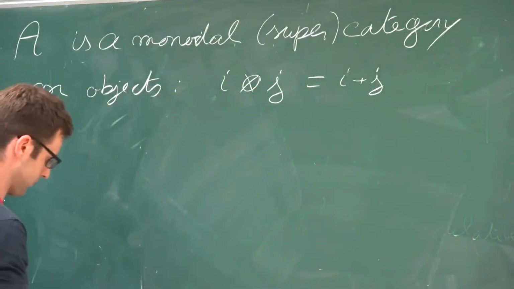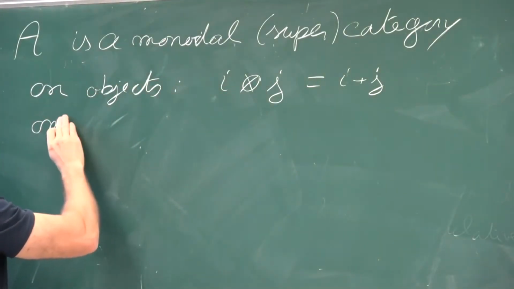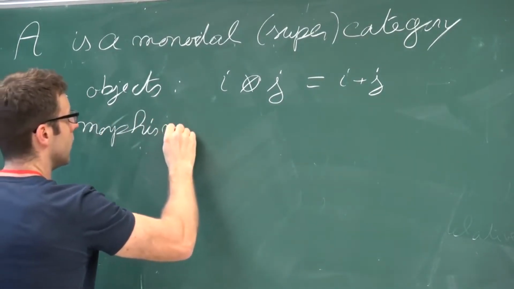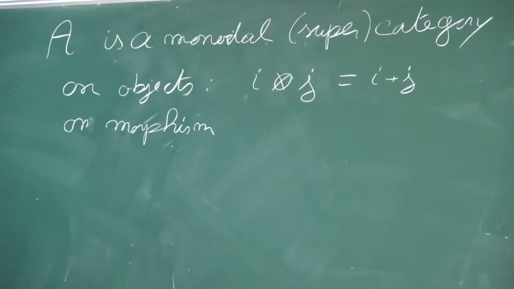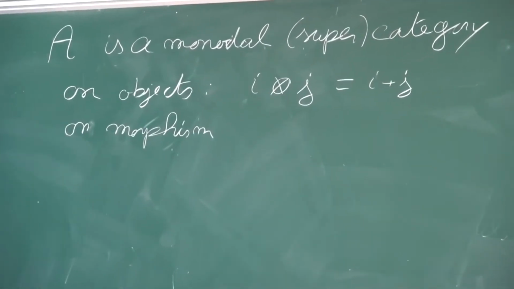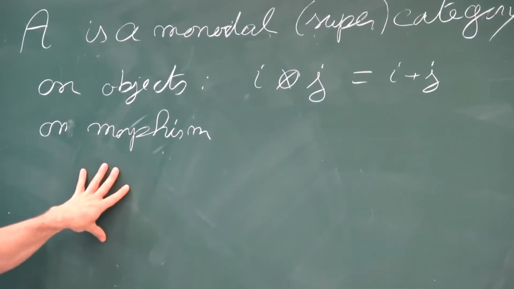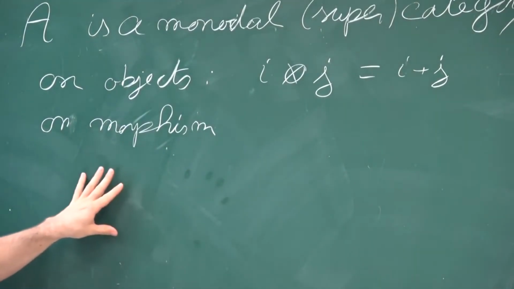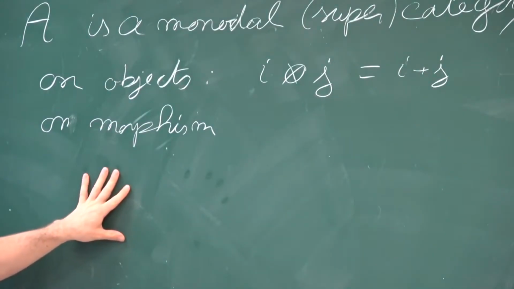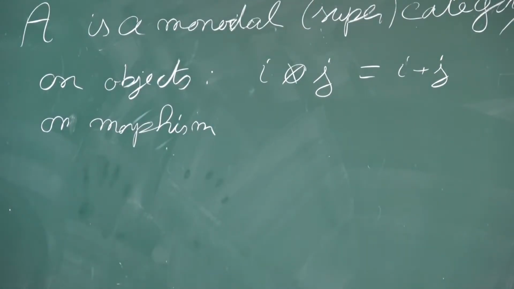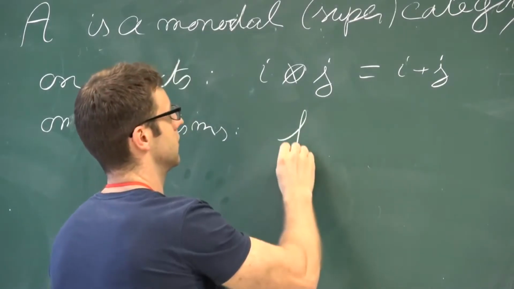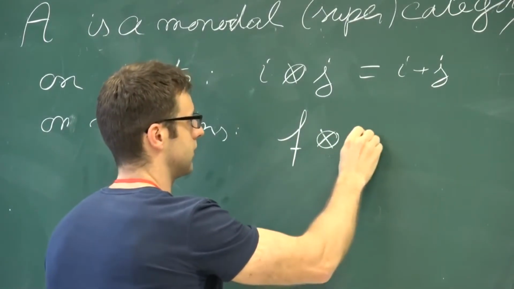And on morphisms, well, if it would be the ordinary Brauer category, we would just place one diagram next to the other and get a new diagram. It's again the same up to a potential minus sign. But we don't have to do any additional work, because you could define it, for instance, in this way.